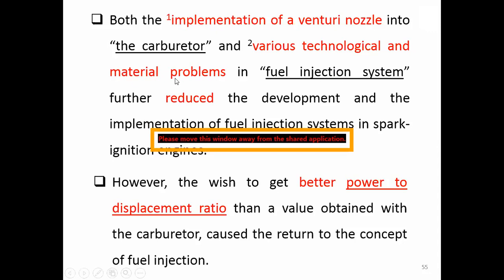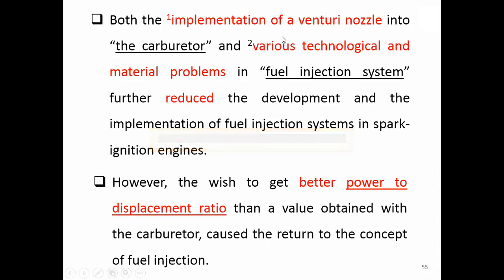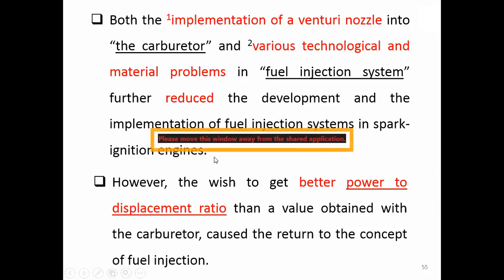We didn't have a material strong enough to resist the high pressure due to injection, right? So because of these two, the development and implementation of fuel injection in the spark ignition engine was not so encouraged. So people kept using the carburetor because I don't need to provide power and the carburetor can do the work for me.